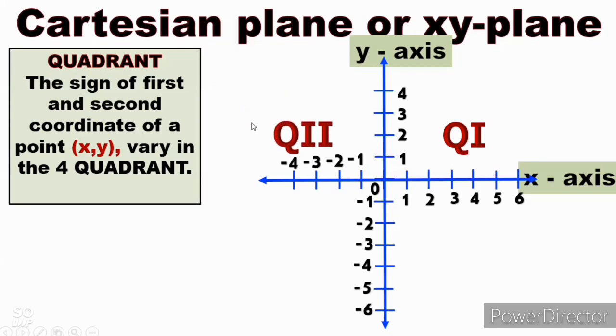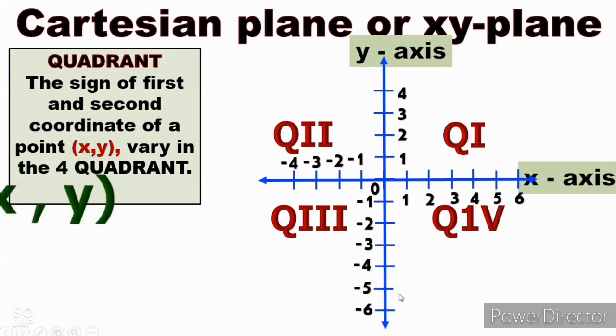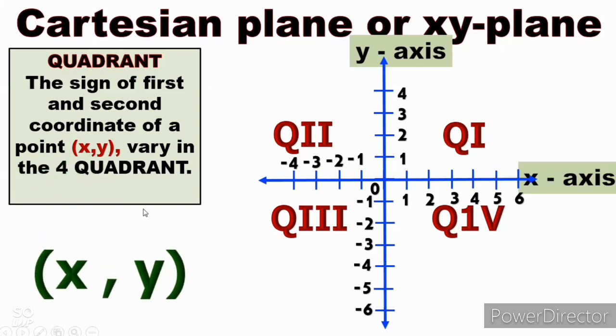Next is the second quadrant or Quadrant II. Next we have the third quadrant or Quadrant III and the fourth quadrant or Quadrant IV. Again, our ordered pair is x, y. So, nakadepende yung sign ng ordered pair natin, depende kung saang quadrant siya nakalagay. Whether it is in the first quadrant, second quadrant, third quadrant, or fourth quadrant.